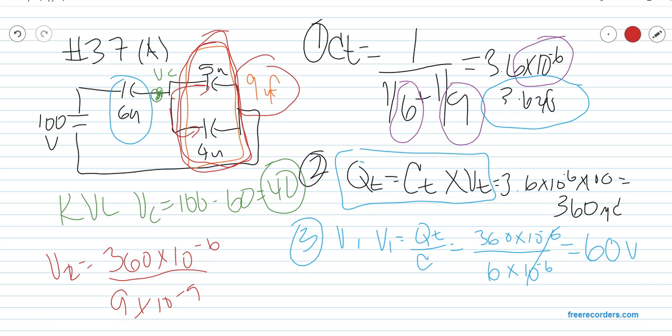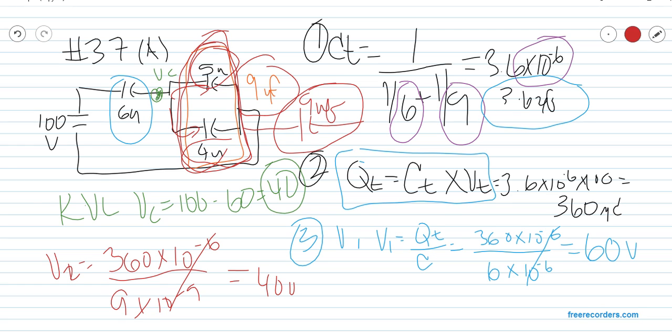Basically, if I could redraw this real quick, it would equal that 9 microfarads. So this voltage is seen by the 4 and the 5 microfarads. These two cancel out, and we wind up with 360 divided by 9, which is equal to 40 volts.